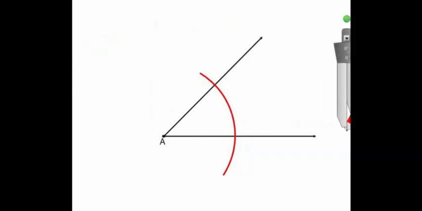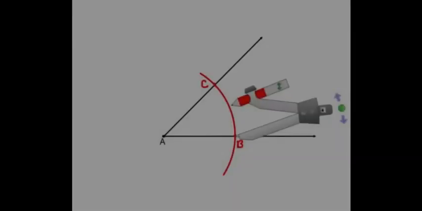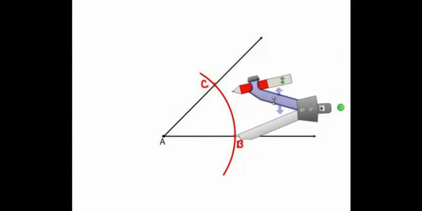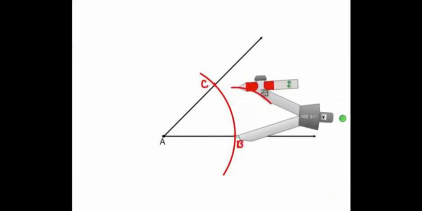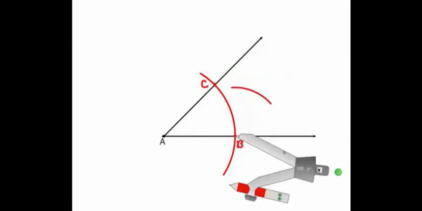Then label the 2 intersection points B and C. Then take your compass, place the point on point B, and open up the arm of the compass over halfway between the 2 sides of your angle, and make an arc.